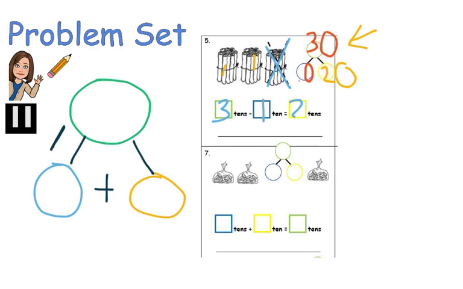And how many are left? 20. Now, let's write our equation. We have 30, we took away 10, and that left us with 20. Great job.